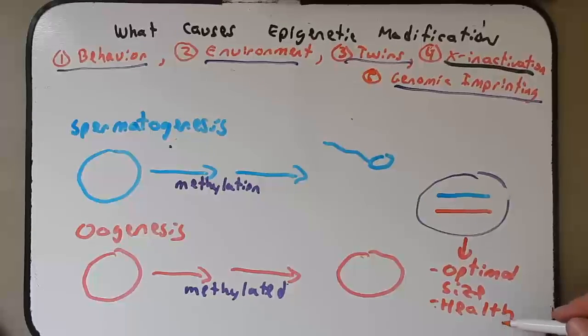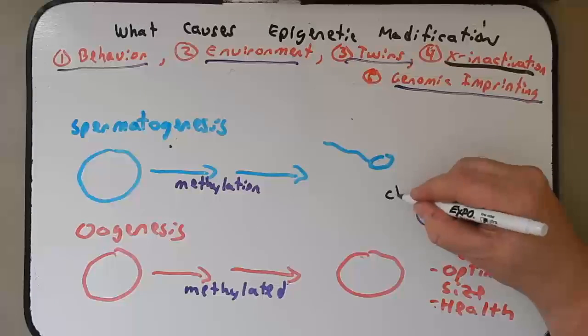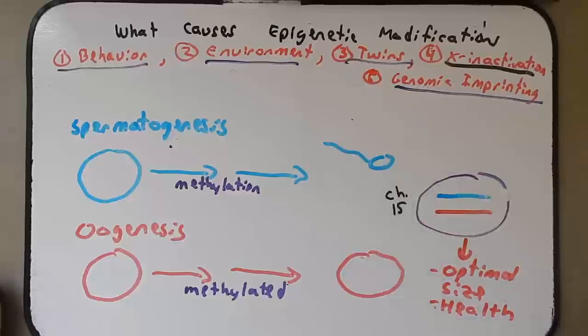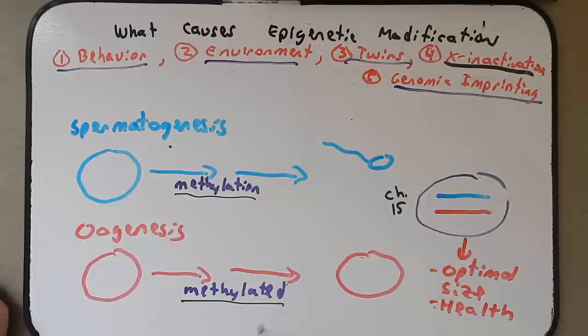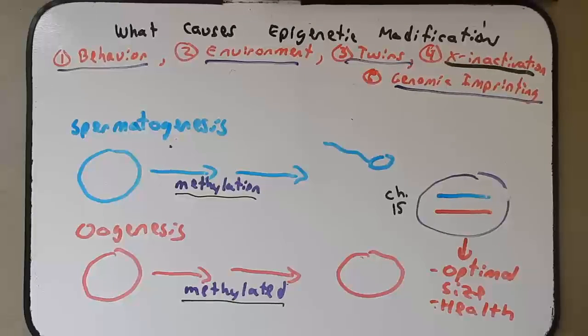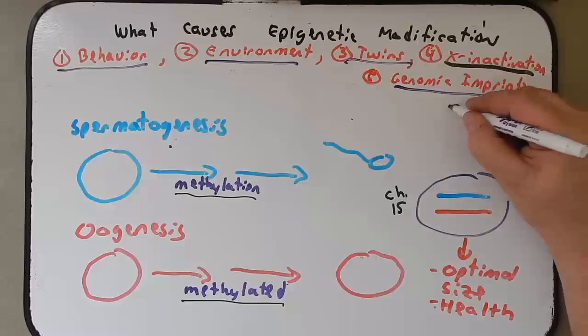It can actually cause a problem. And I want to talk about a very interesting thing that happens on chromosome 15. Chromosome 15 receives different methylation patterns for different genes, with the goal of ending up with an optimally sized and healthy individual. But if this was chromosome 15, and in fact, let's draw two possibilities here.